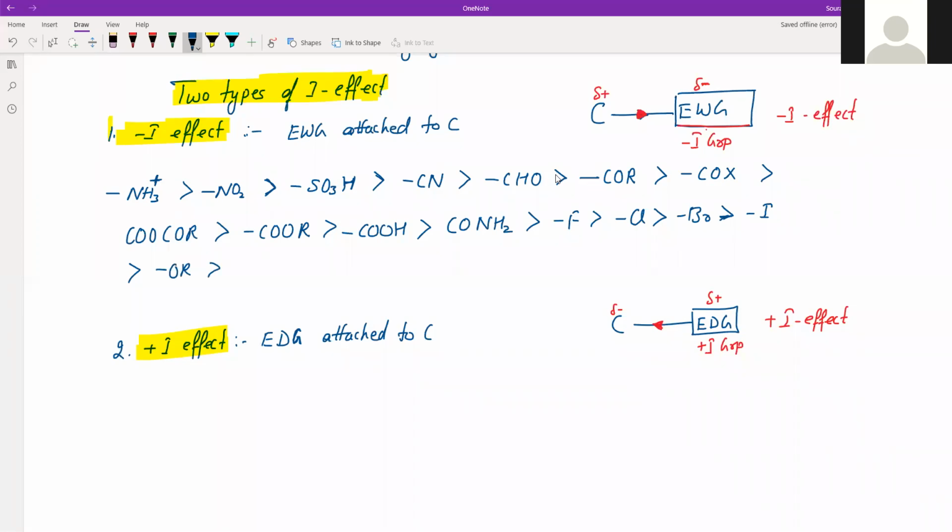So what is COOCOR? Anyone who knows what is COOCOR? Is it anhydride? Yes. Okay, and what is COR?